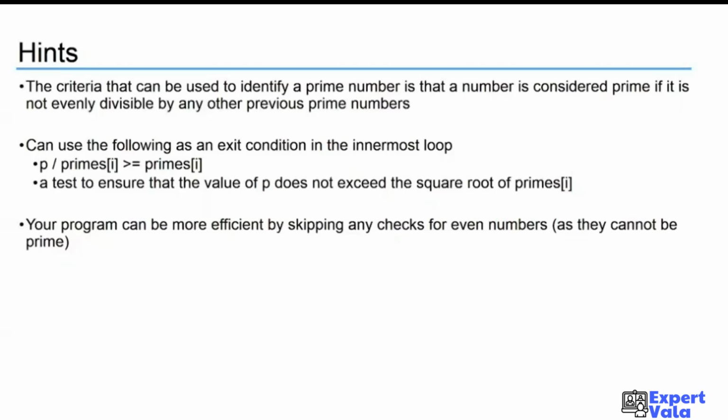Otherwise, if you have done this whole check in this entire loop and you have got out of there without exceeding the square root condition, and you have not actually found a divisor, then that means you can add that prime number to your prime array and then just print out the prime array.